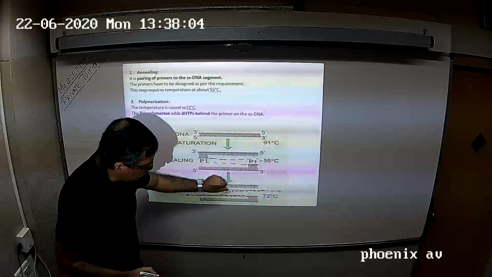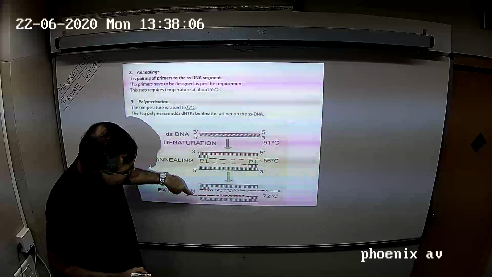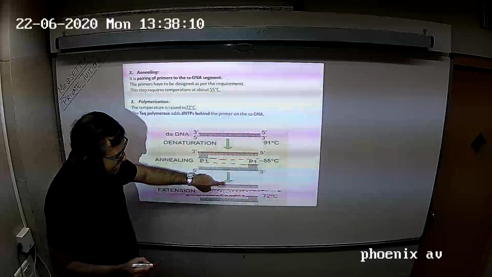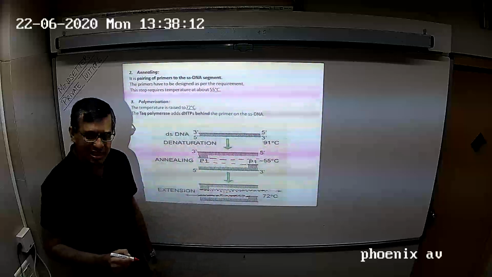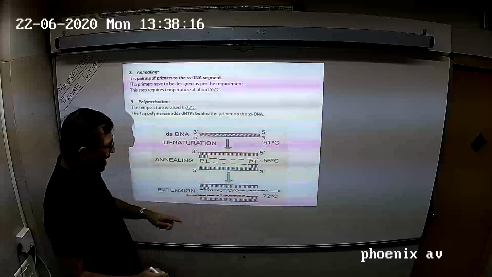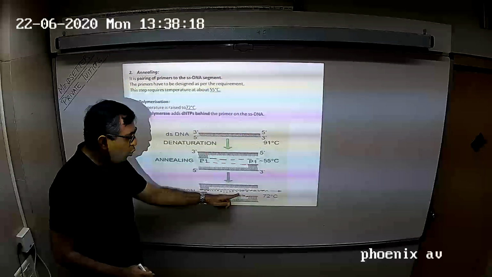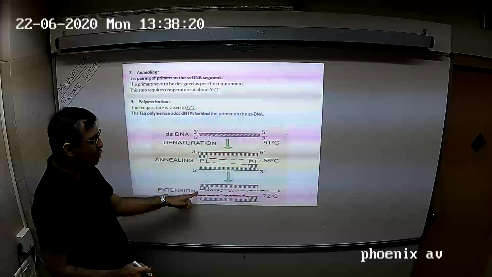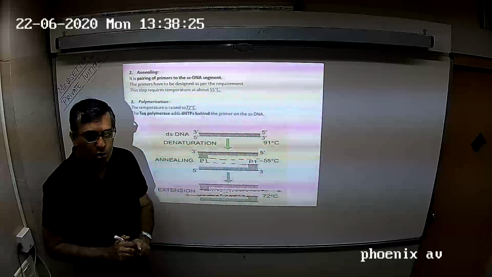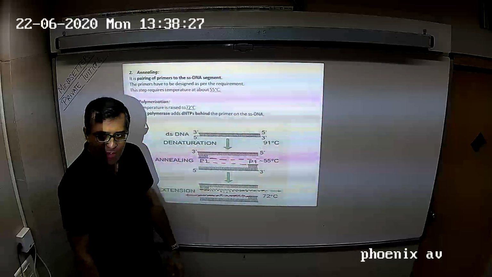That means a new DNA strand is made, and one strand has now become two strands. Adding new nucleotides is called extension, which is also called polymerization.